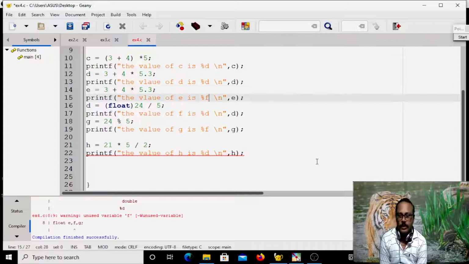So these are the arithmetic operators. Relational operators are better discussed with the conditional statements. The control structures chapter is there. There we will discuss.